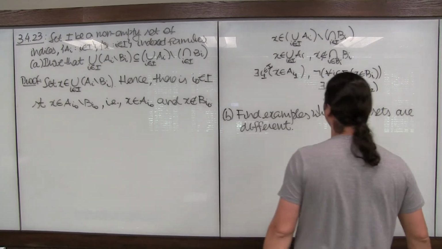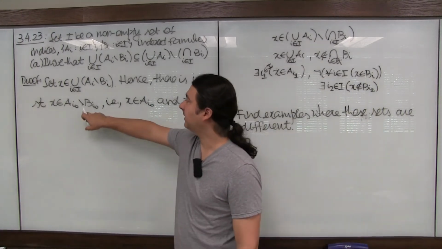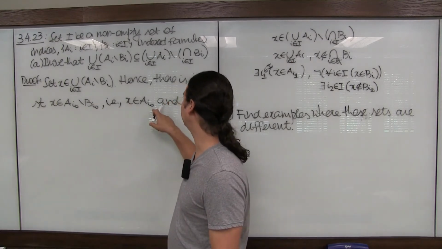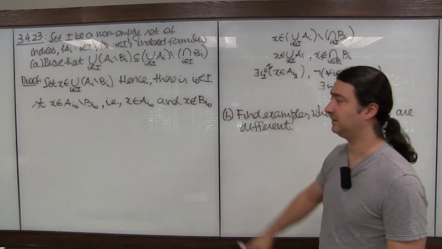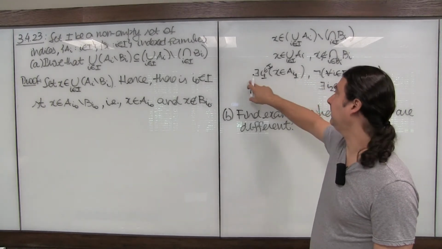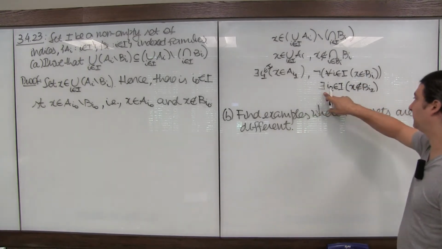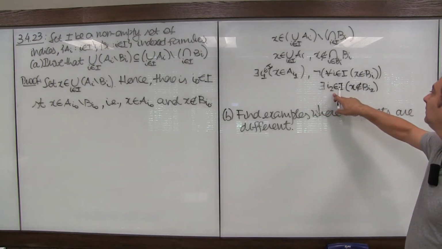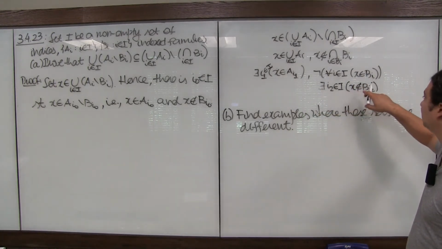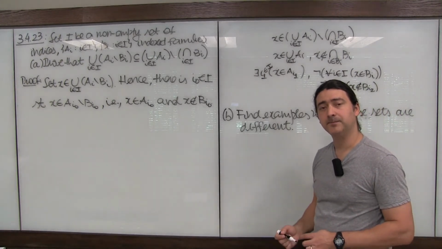All right. So here is what we have: for some index I0, x is in A sub I0 and x is not in B sub I0. Here's what we want to show: there exists some index I1 such that x is in A sub I1, and there exists some index I2 such that x is not in B sub I2.